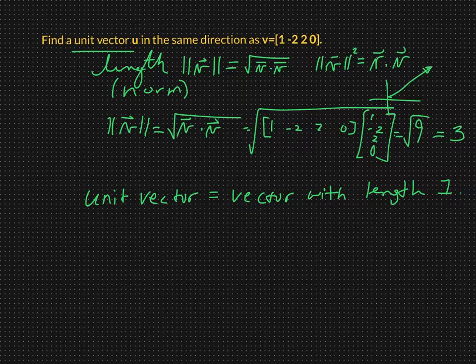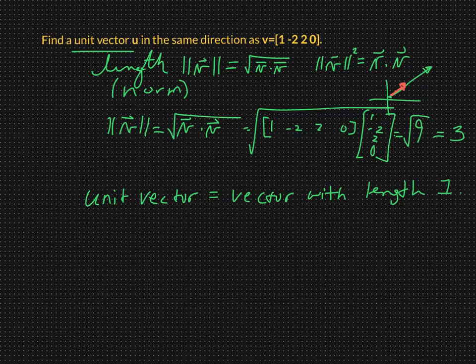We've already found that the length of that is 3. So a unit vector in the same direction would be this guy right here. So it's just multiplied by a factor of 1/3. Okay, so they're the same direction. This one has length 1 and the other one has length 1/3.